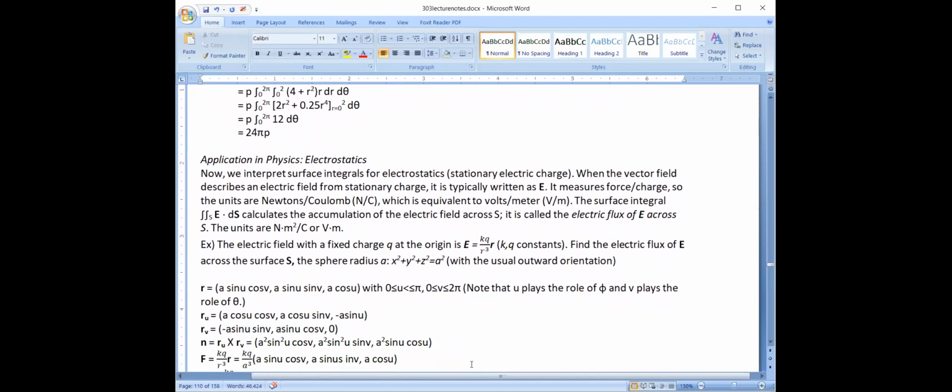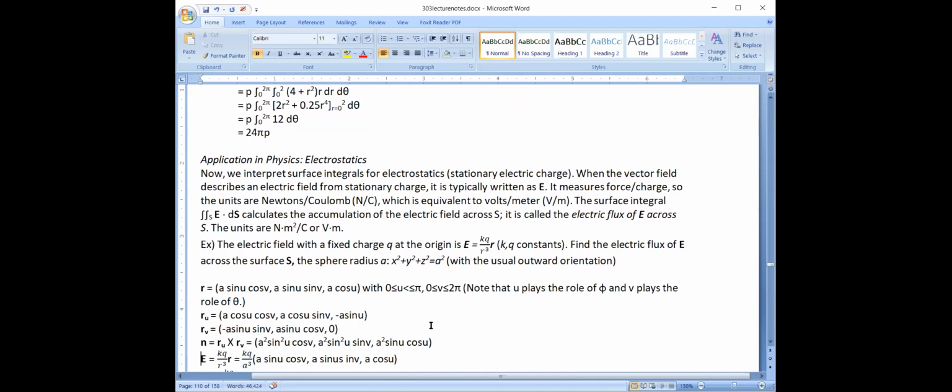So now, what is our vector field? Our vector field, which I'm calling E here, equals kq over the magnitude of r cubed times our position vector r. So again, remember that since we're on a sphere of radius a, the magnitude of r, we calculate it, but it's always going to be a.